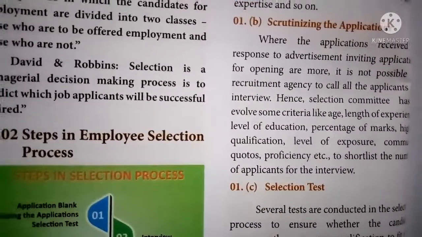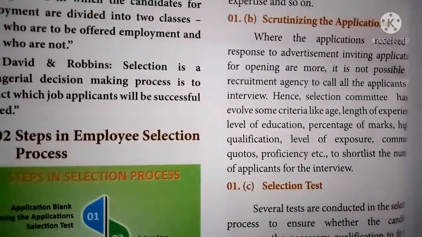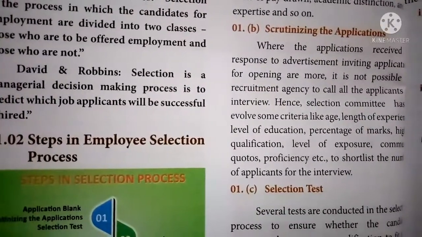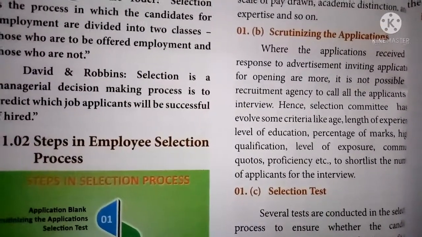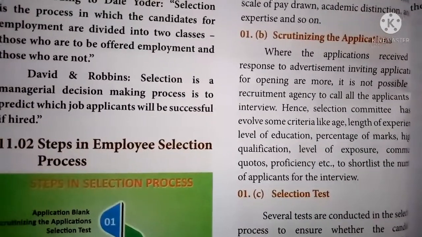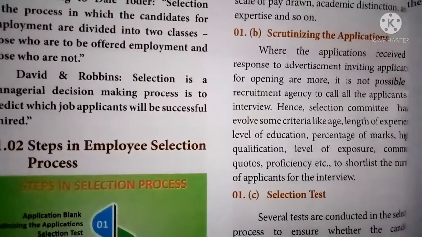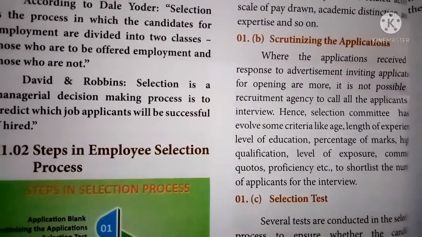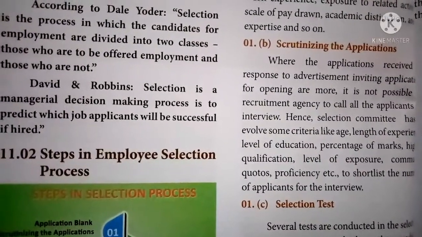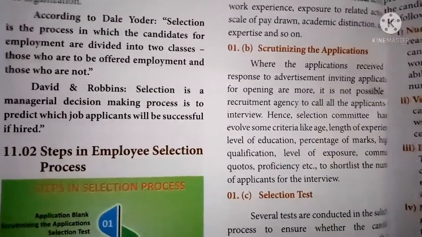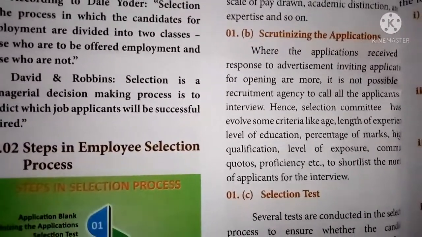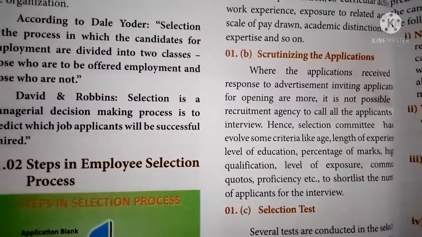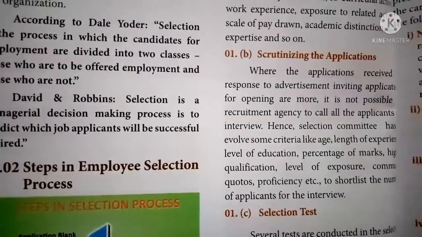All the applications are to be scrutinized based upon their qualification, their experience, their percentage of marks secured, experience level, and also communication skill, and everything must be analyzed, each and every candidate, in order to shortlist the names of candidates from the various applications. So only a few candidates are to be selected to be called for an interview.